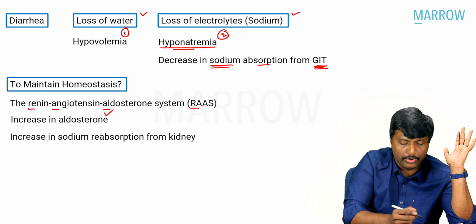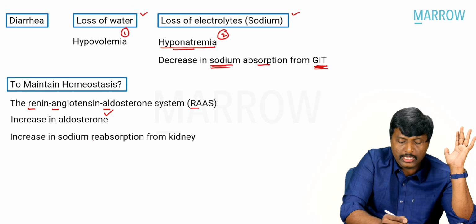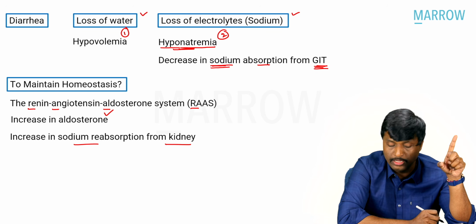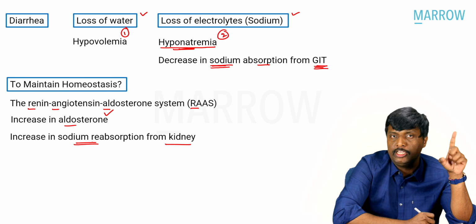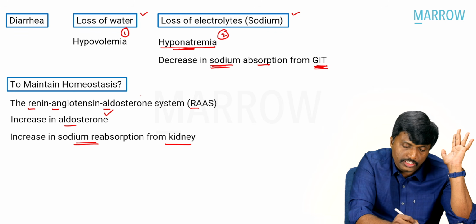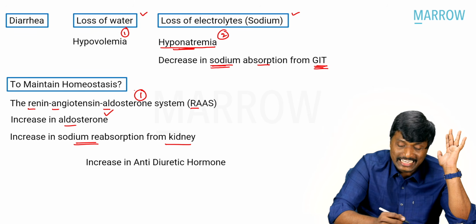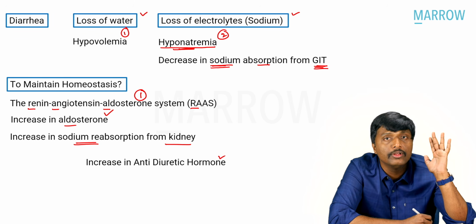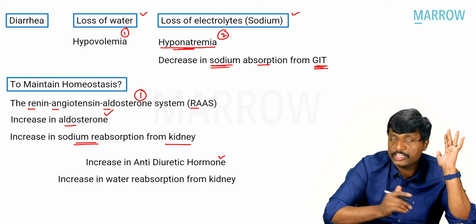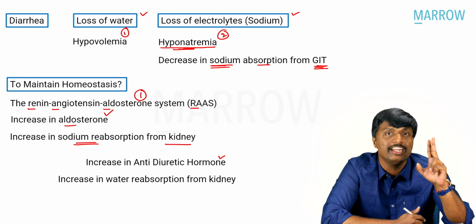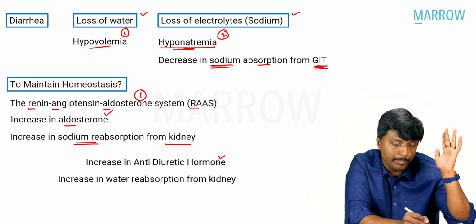What it does, very important: increase in sodium reabsorption from the kidney. There is hyponatremia, so aldosterone is conserving sodium. This is the first important compensatory mechanism. What is the second one, sir? Increase in antidiuretic hormone. There is water conservation. So the body by itself is trying to treat these 2 disorders. There is hypovolemia.